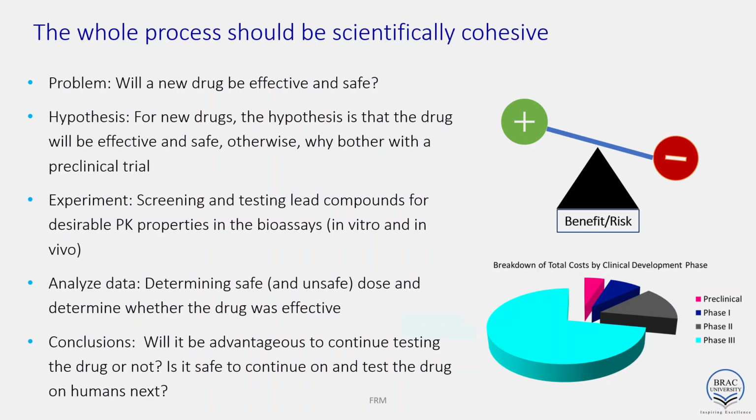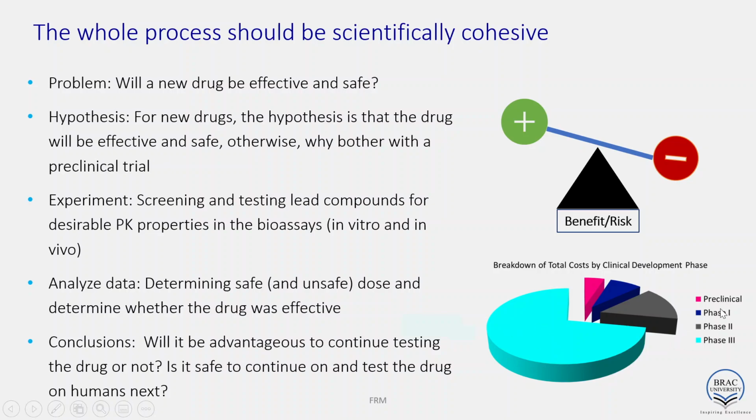Based on the data from the preclinical trial, we mainly decide whether the drug would be safe or not, or effective or not. You can see that a substantial, huge amount of the cost is expended on the clinical phase.